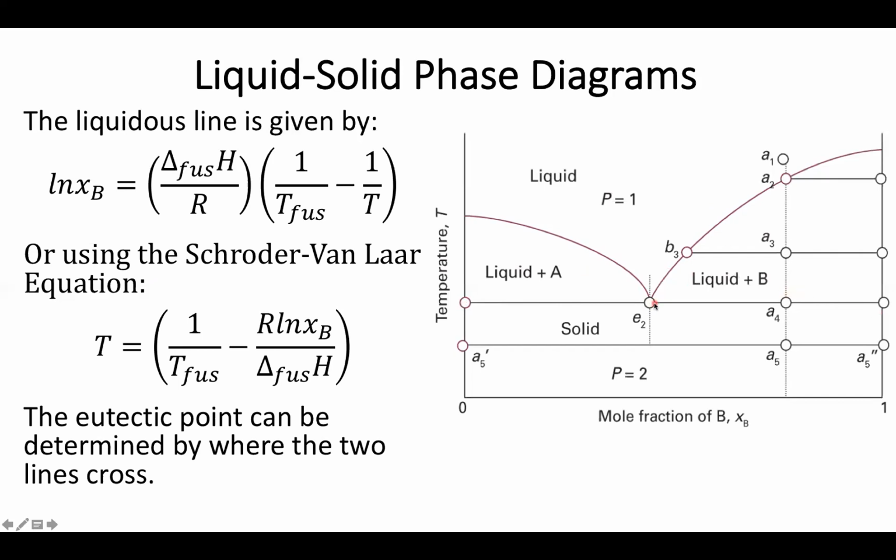But again, one of the nice things is you can also predict the eutectic point for a well-behaved system simply by looking up the enthalpies of fusion of both components and their normal melting points, which are all widely available data, and then trying to set their melting temperatures equal to each other.